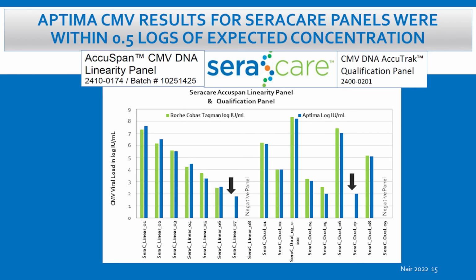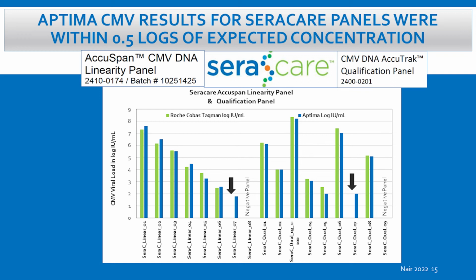You saw a lot of data on SeraCare panels from our previous speakers. We also tested a couple of panels in R&D, the AccuSpan panels from SeraCare, as well as the AccuTrak panel. One is a linearity panel, the other is a qualification panel, and the green is the value from the vendor, and blue is Aptima.